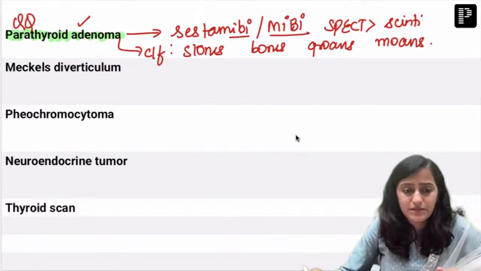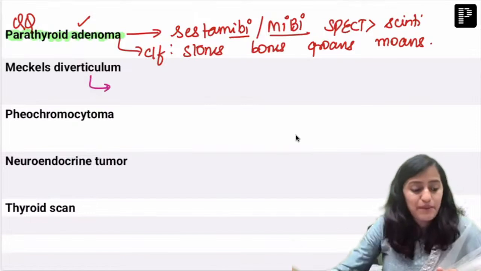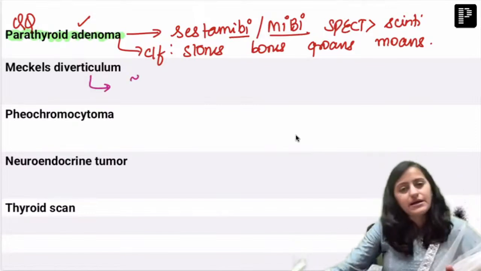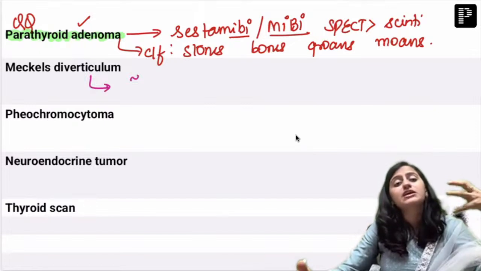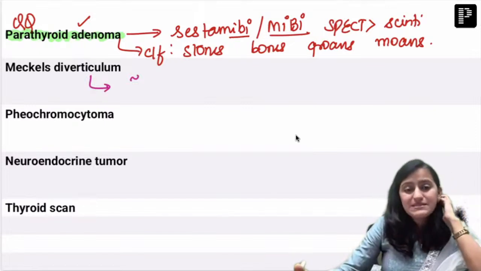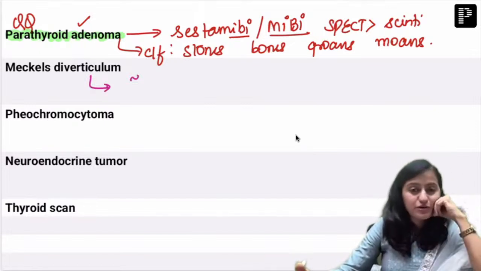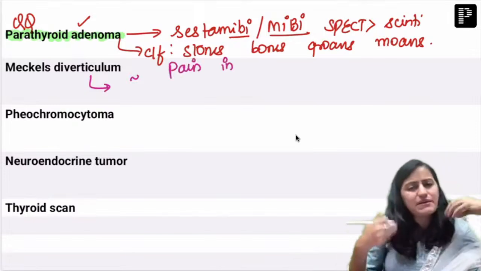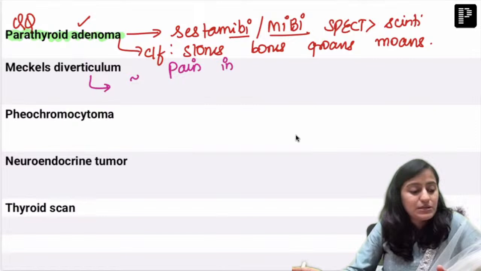Parathyroid, clear with everyone? What is the scan for Meckel's diverticulum? Okay, first of all, tell me a clinical question: if there is Meckel's diverticulitis, the patient presents with pain where? In what quadrant of the abdomen does the patient have pain? Where is the pain when the Meckel's diverticulum is getting inflamed?